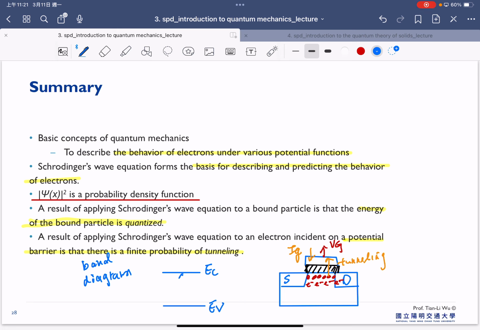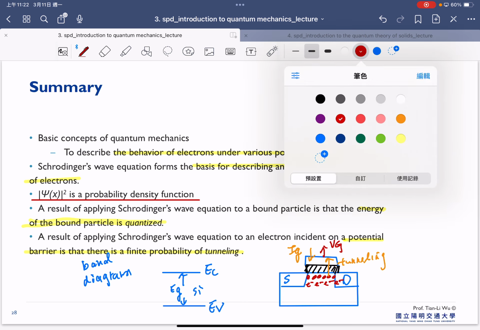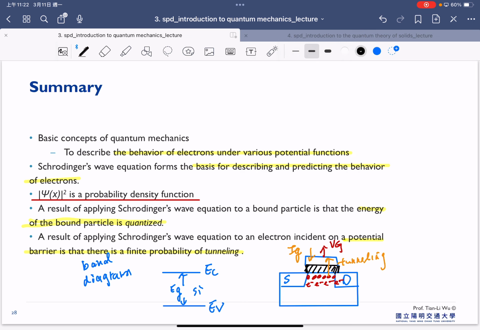Previously, we already mentioned that different materials have different band gaps, and that's why we have the conduction band and valence band, and this is the case of silicon. So we have the band gap like here. But the dielectric has a large band gap, like this. So this is our dielectric.